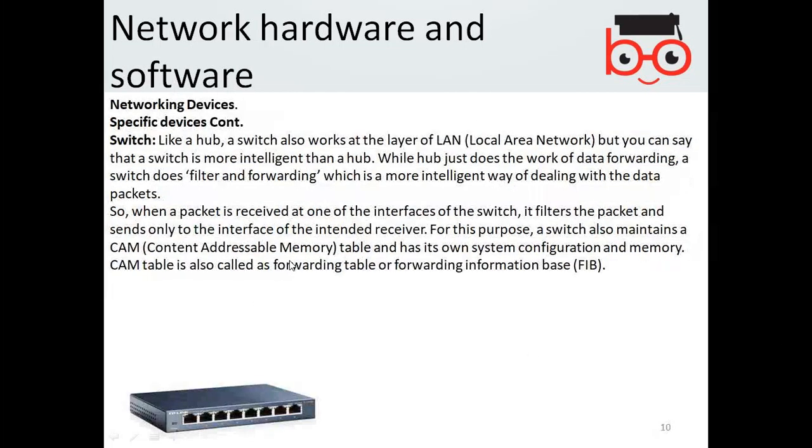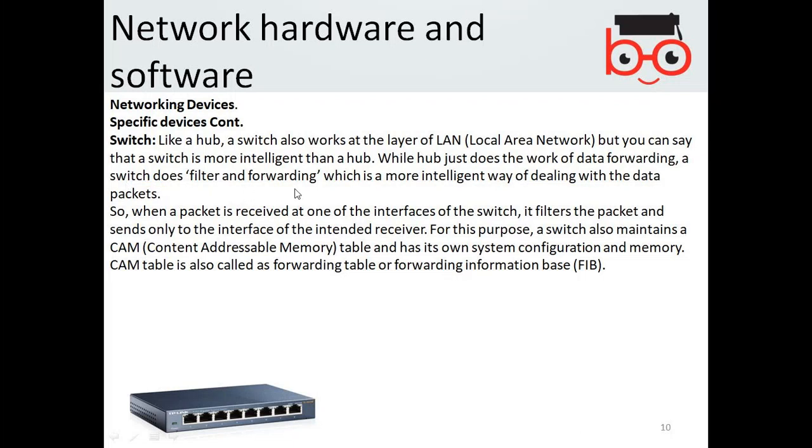Now, switch. Switch is another, later device after the hub. Like a hub, a switch also works at the layer of the LAN, but you can say that a switch is more intelligent than a hub. While a hub just does the work of data forwarding, a switch does filtering and forwarding.